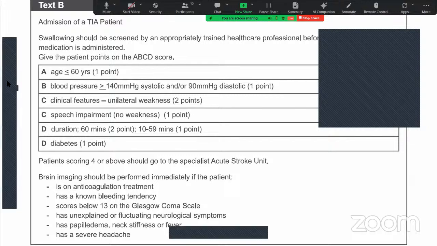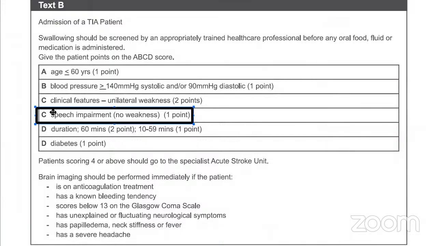You can directly go there and find the answer. So there you are. See, slurred speech. And no weakness. Speech impairment.